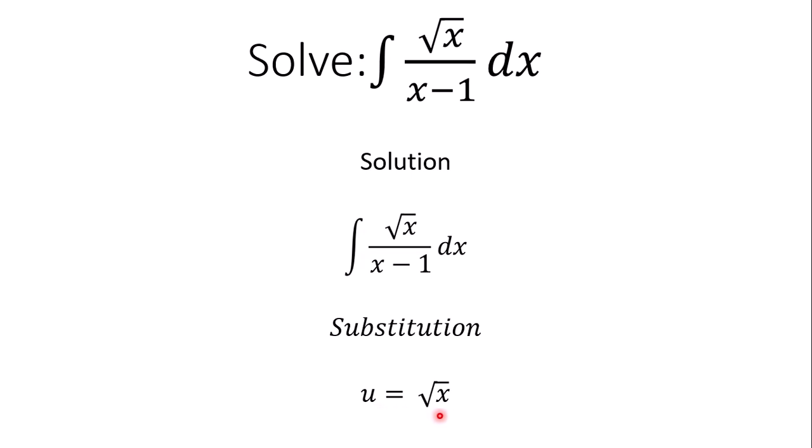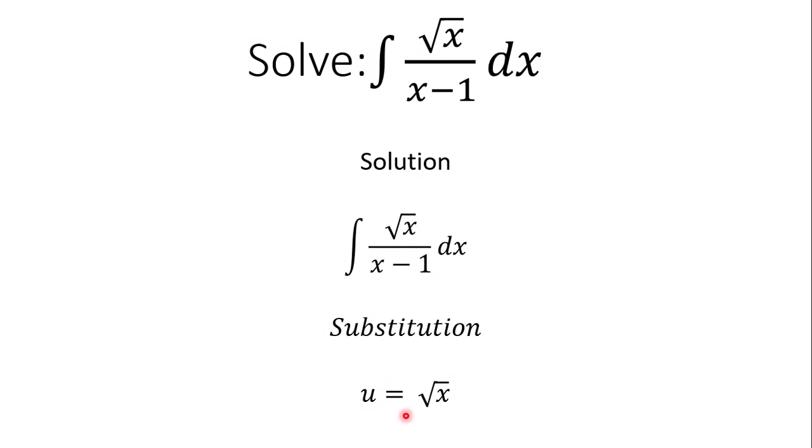I can choose to differentiate directly from here. du will be equal to 1 over 2 times square root of x dx, and I'm good to go. At the end of the day, I can make a change of subject to find out what x will be equal to. But because I want everything to be simple and easier for us to understand, I always opt for the easier way.